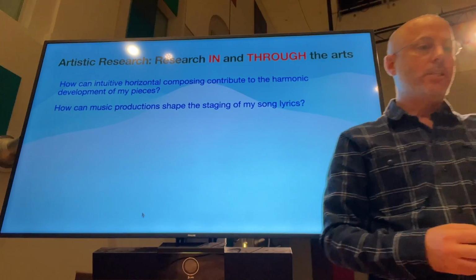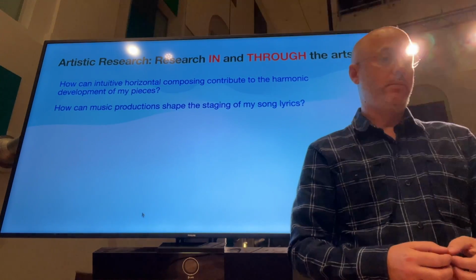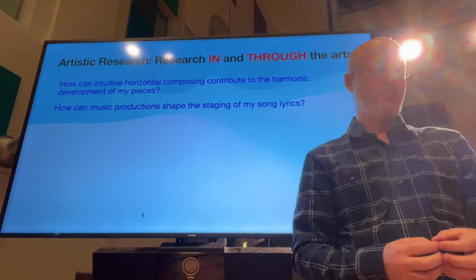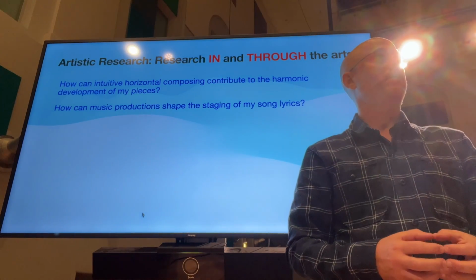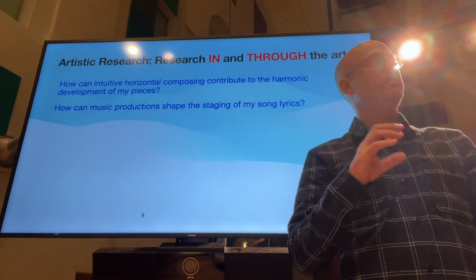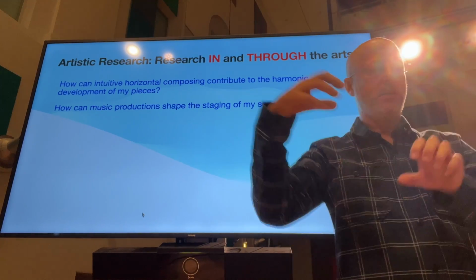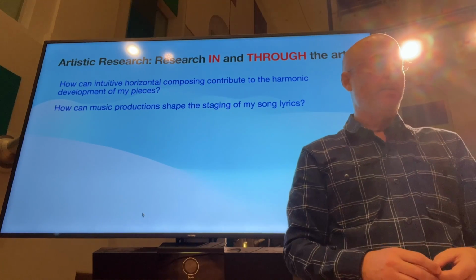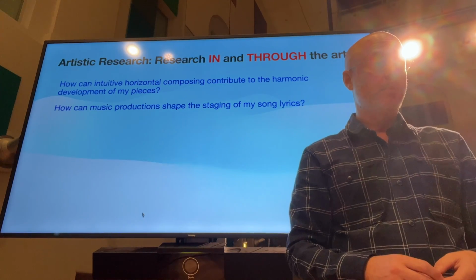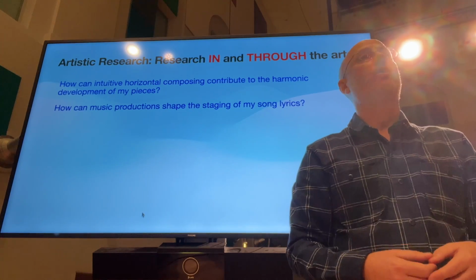How can music productions shape the staging of my song lyrics? Right? So this is about, yeah, it's a little complicated. So we have different things. We have music productions, shaping, staging, and song lyrics. Maybe this one could be simplified. How can I shape, or how can I stage my song lyrics?